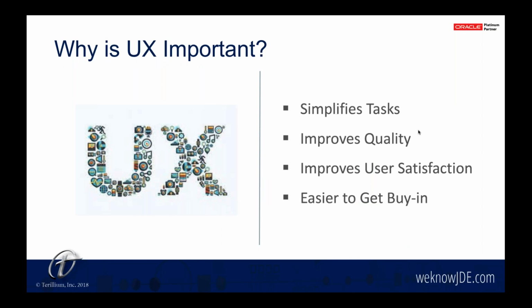It's important because it helps bring simplicity and efficiency to a business process, which in turn is going to generate some improvements in quality and overall user satisfaction within the system. It helps promote users to buy into a continuous improvement model where, as new features are released, they're excited to embrace those changes and stay current on the software.